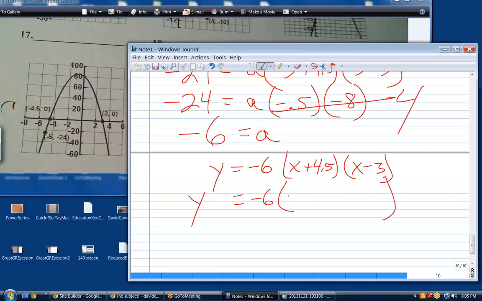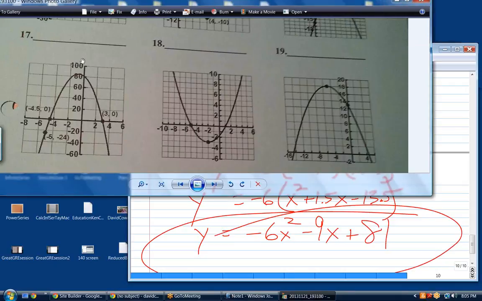So that would turn into negative 6x squared plus 1.5x, and then negative 13.5. And then that turns into negative 6x squared minus 9x plus 81. Good.